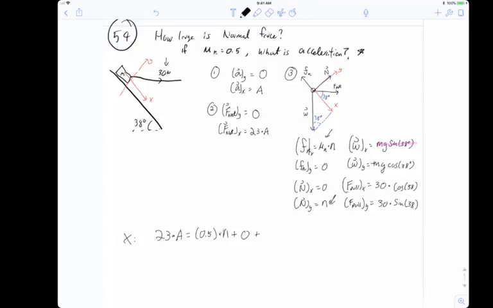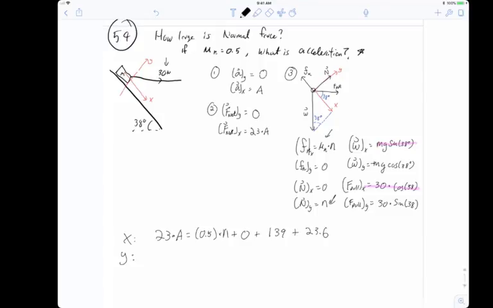The mass here is 23 kilograms times 9.81 times sine of 38. That's 139 newtons plus this one. So it's 30 times cosine of 38. 23.6.